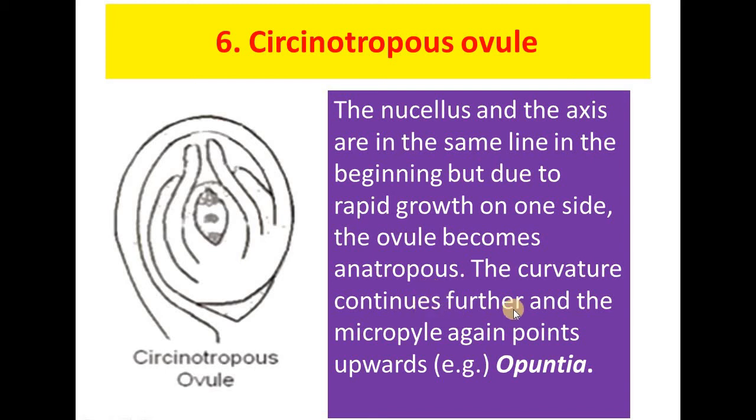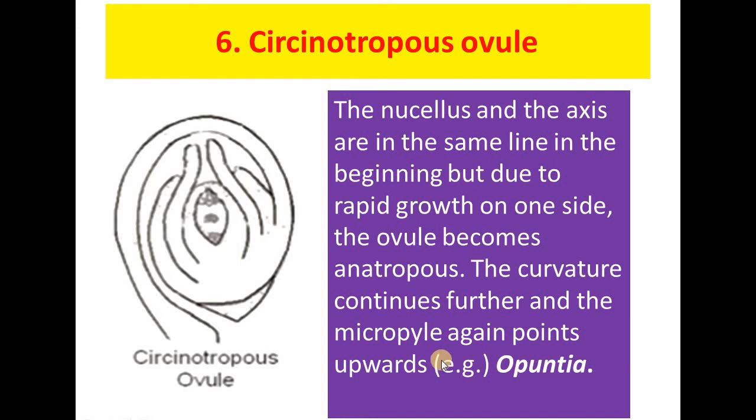The curvature continues further, and the micropyle again points upward. In the case of anatropous, there will be a 180-degree turn, but here in this case a 360-degree turn will be there, and as a result the Cercinotropous type of ovule will be produced, which can be seen in the Opuntia plant, which is a special type of ovule.